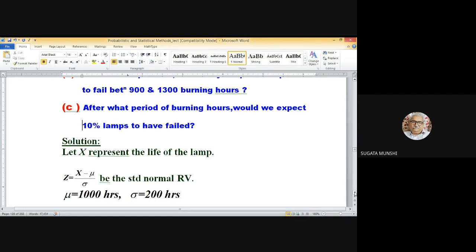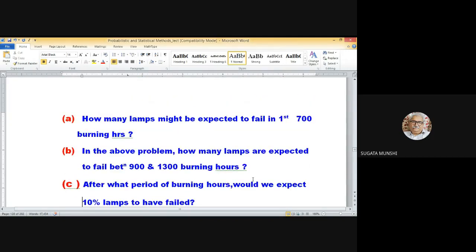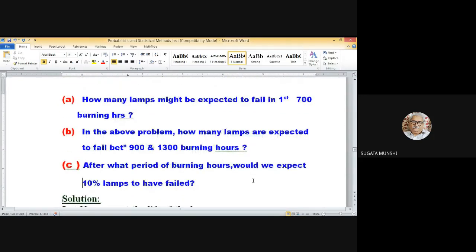So if you try to solve part A of this problem, what is the probability that capital X is less than or equal to 700?